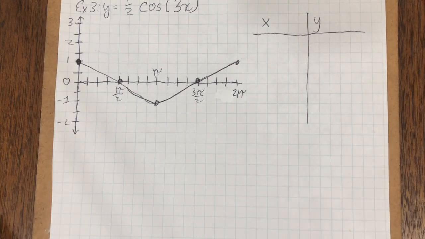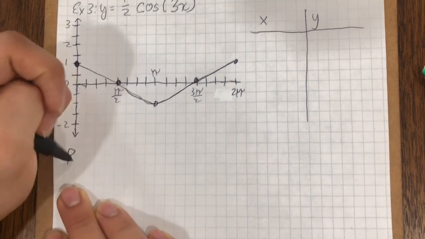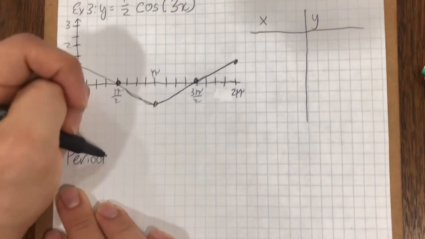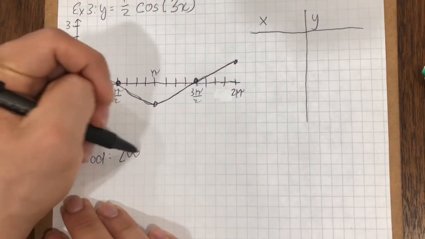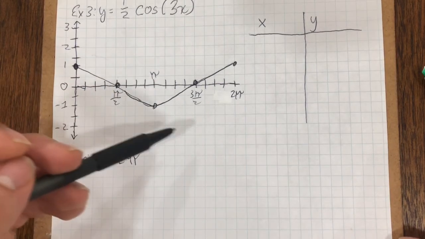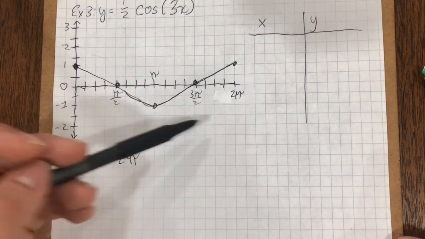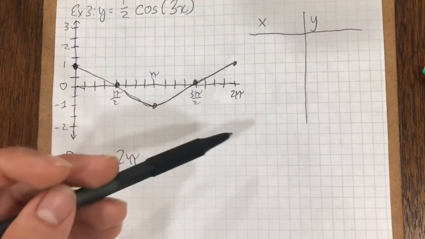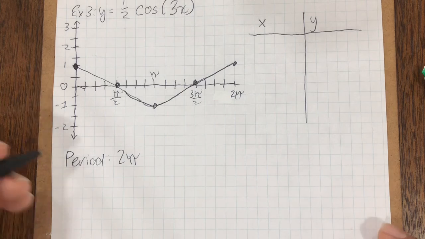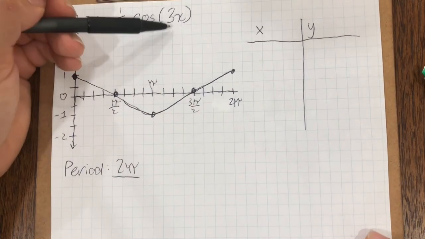So let's actually first figure out what the period is going to be. So I'm going to write down the period over here. All right? So with this period, I have 2 pi. And remember, the period for the graph of the parent function, cosine of x, is always 2 pi, because after that, the graph starts to repeat the pattern. All right? So I have 2 pi divided by the number in front of x, which is 3.